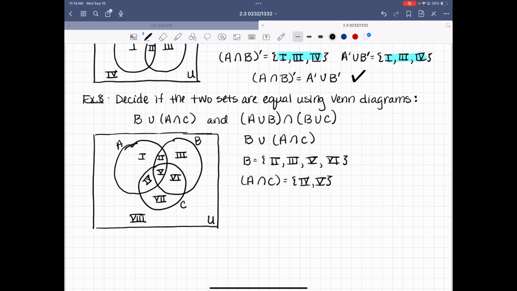You're covering up B right here, and you're going, okay, here's A, here's C. Who's in their intersection? Well, who do they have in common? These two right here, 4 and 5. Okay?